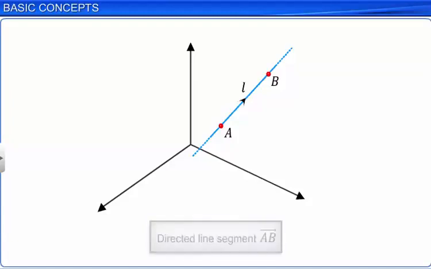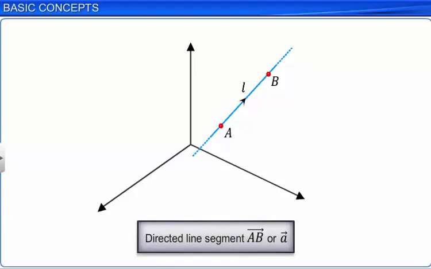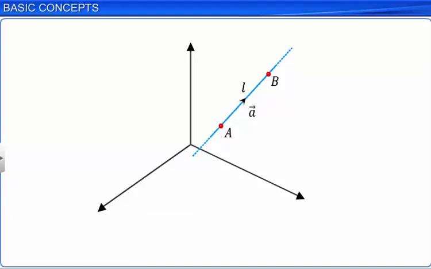Directed line segment AB can also be represented by a small case letter a with an arrow over it and read as vector a. Point A, which is the starting point of vector AB as per the given direction, is called the initial point of vector AB.